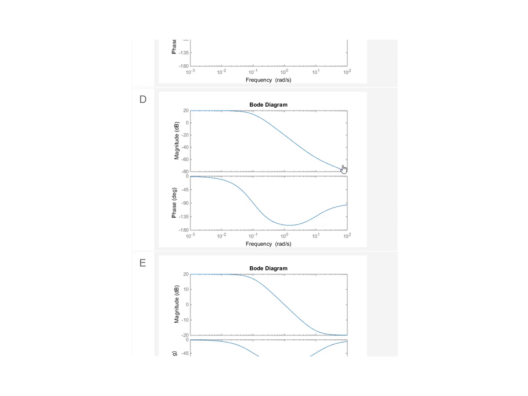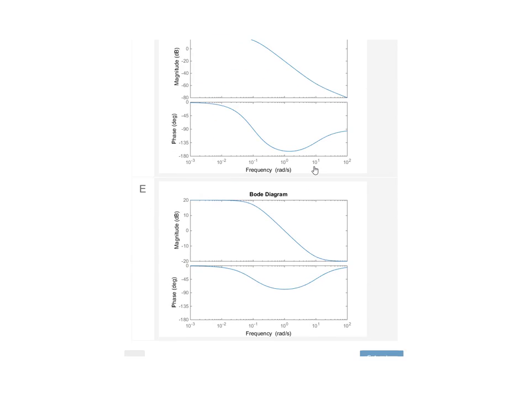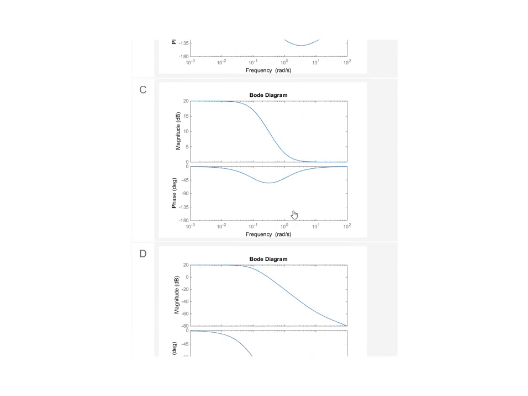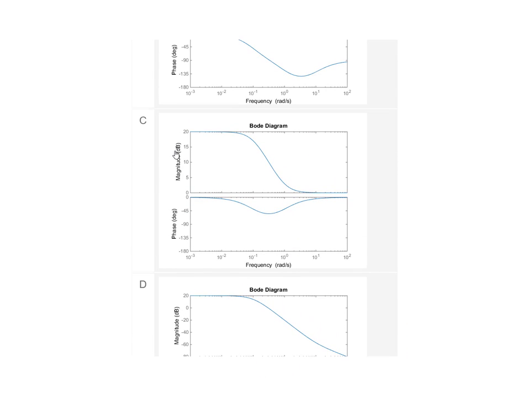At the high frequencies, the gain is tending to 0, and here again we have a problem because at the high frequencies we have a gain that is minus 20 dB and we expect 0 dB. So we can see that the correct answer is C.